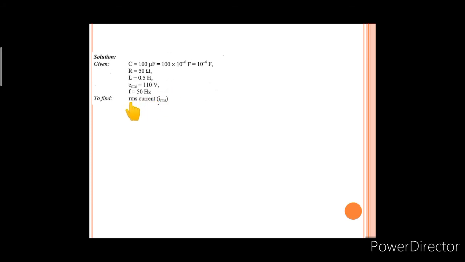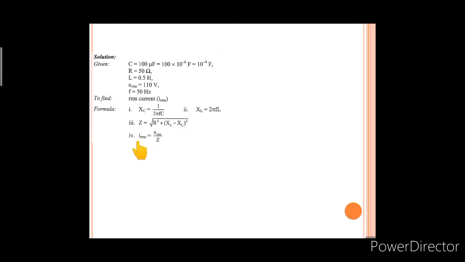We have to find the RMS current, that is I RMS, and here we use the formulas. First, XC is equal to 1 upon 2 pi FC. Second, XL is equal to 2 pi FL. Third, Z is equal to square root of R square plus XL minus XC the whole square.